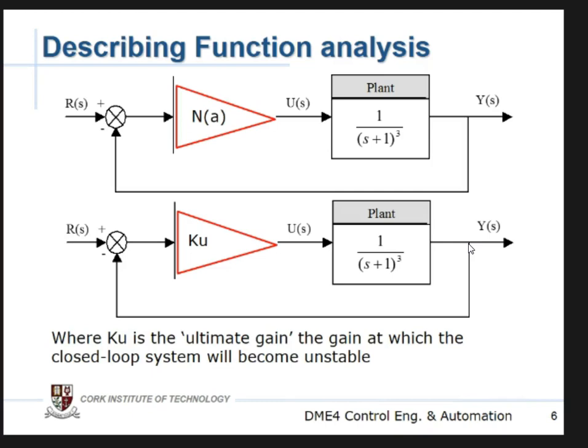The idea is then, if we can work out Ku, the gain at which the closed loop system becomes unstable, I know that Ku is going to be equal to 4 times m over pi times a. And then I can figure out, for example, a, the amplitude of the error signal.